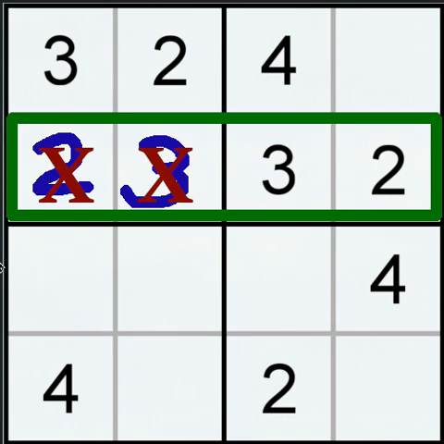We also cannot repeat any numbers in any row, left to right. Notice we have a 3 and a 2 that are given numbers. This means we cannot put another 2 or a 3 in this row.